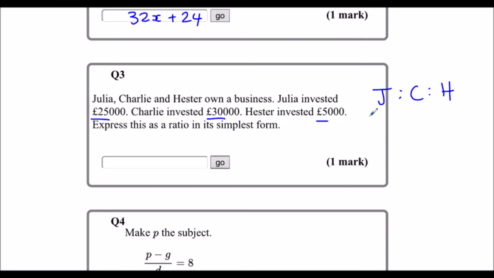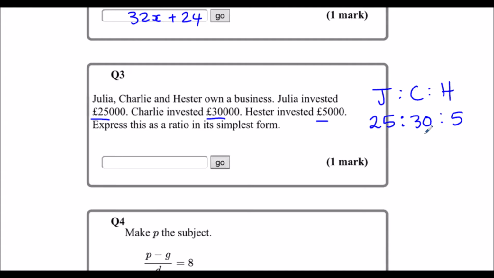And I could write 25,000 to start with, but I'm just going to write it in thousands. So 25, Charlie's 30, and Hester's 5. So I've divided them all by 1,000, but they're all in the 5 times table.